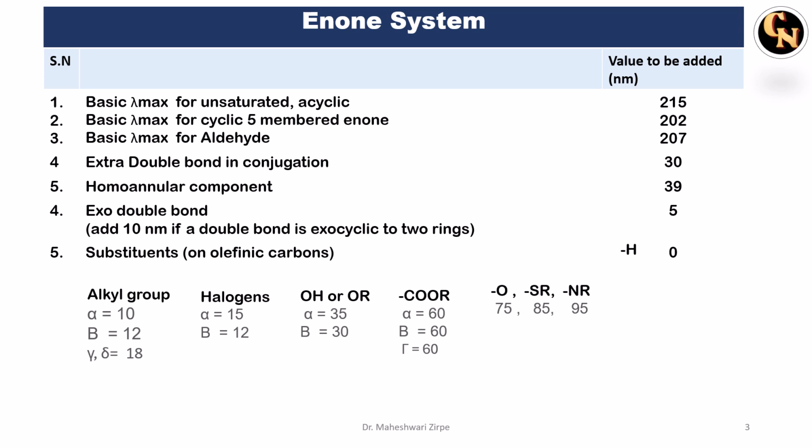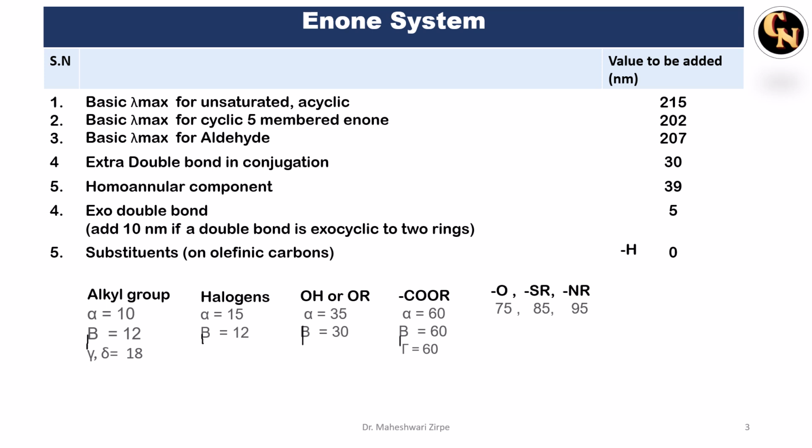In the same fashion for OH and OR groups, that is alcohol and OR groups, the values to be added to the base value are 35 and 30. If it is at alpha position we add 35, and if it is at beta position we add 30.